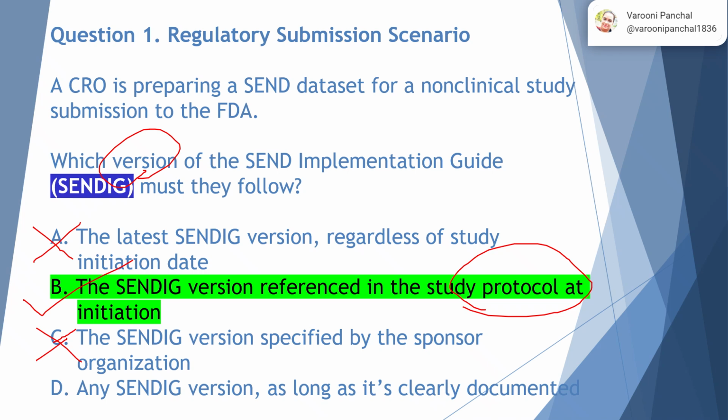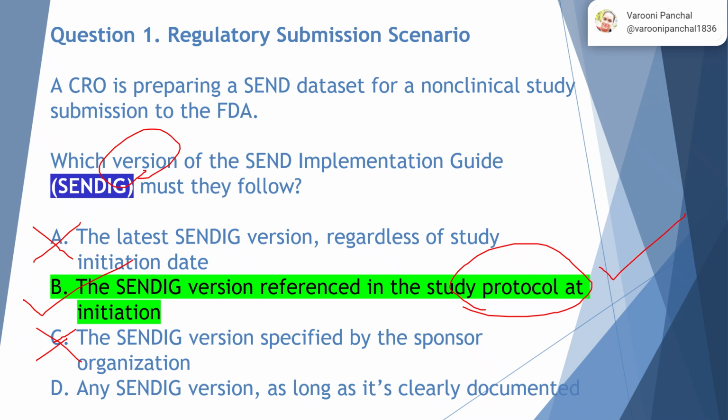You should not follow a version verbally communicated by the sponsor. Whatever is mentioned in the protocol is what you need to follow. If the sponsor suggests a different version, you have to make amendments in the protocol first, and only then follow it.